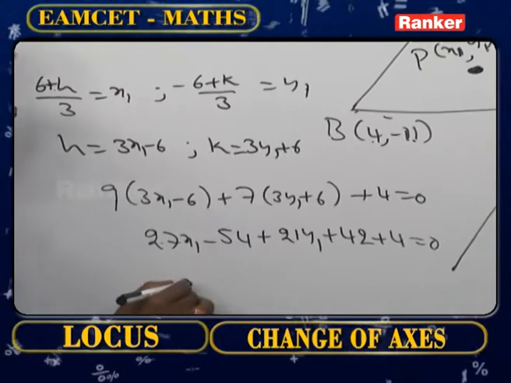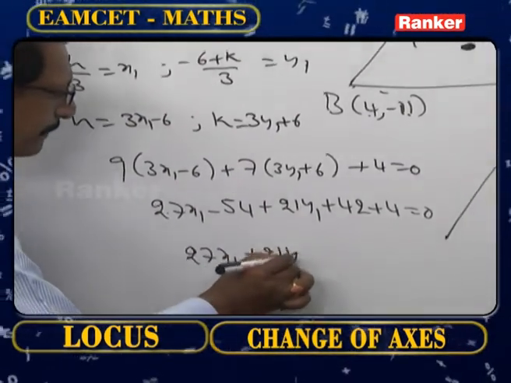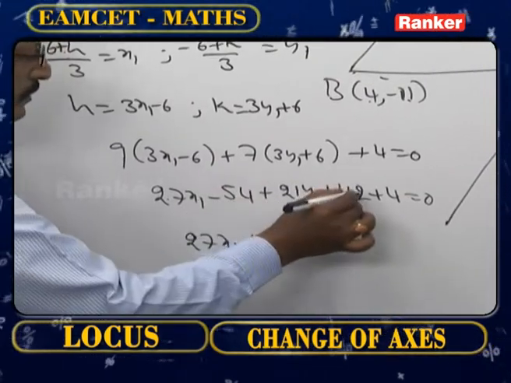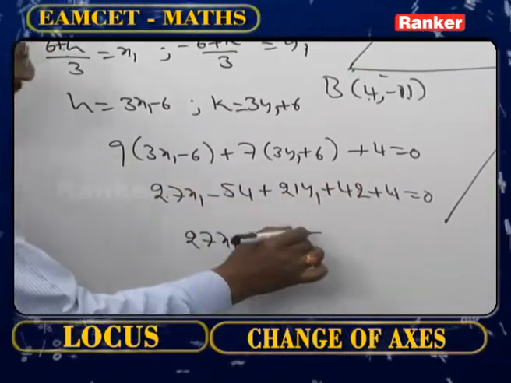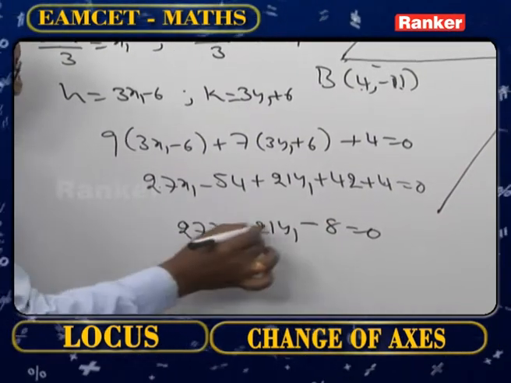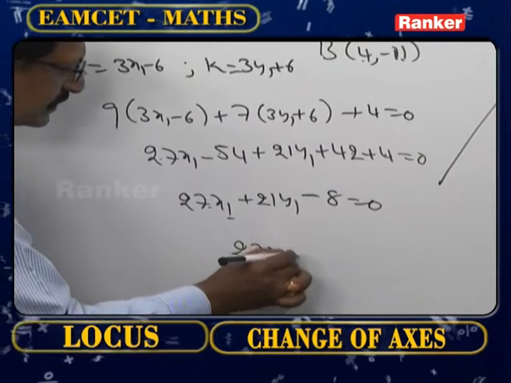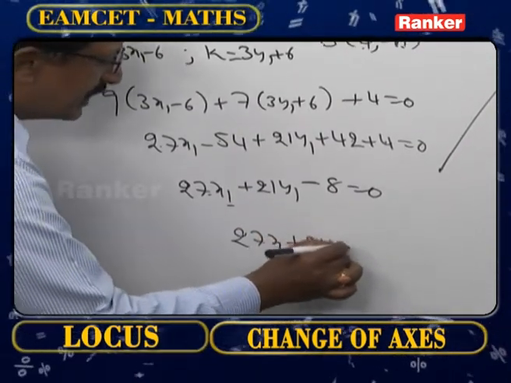Further simplifying, 27x1 + 21y1 + 46 - 54 - 8 = 0. Therefore, the locus of (x1, y1) is 27x + 21y - 8 = 0.